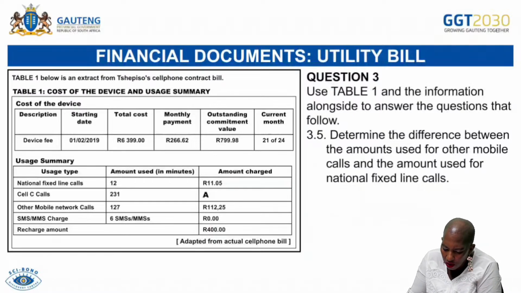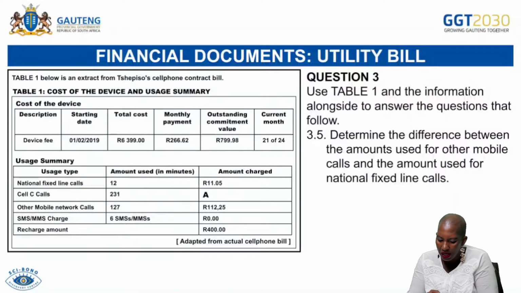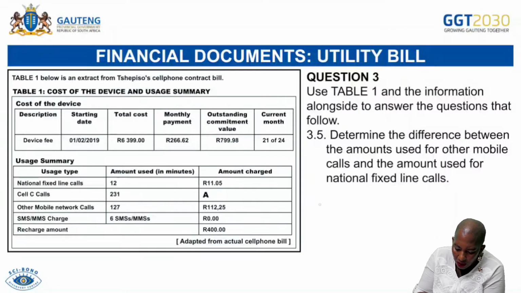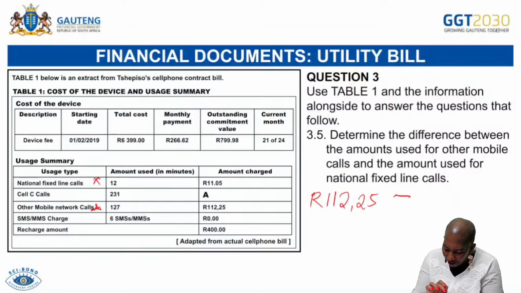Now let's quickly have a look at the difference between the amounts used for other mobile calls and the amount used for national fixed calls. So other mobile calls, it is 112 rand 25 cents. And then the national fixed line, because they said the difference.